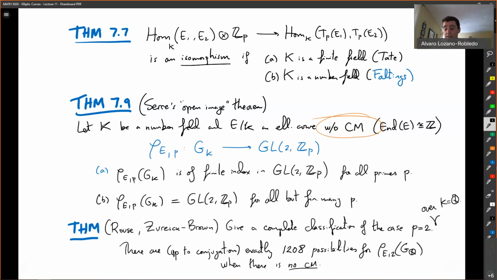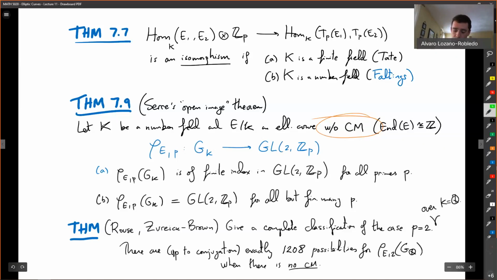And second, they give you information about the absolute Galois group. One can say that algebraic number theory is the study of the absolute Galois group of Q, and these Galois representations give you very large chunks of that.